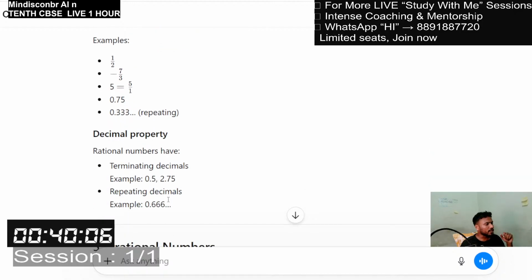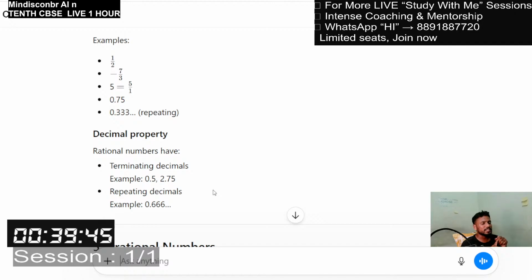Decimal property. Rational numbers have terminating decimals, for example 0.5 and 0.75, or repeating decimals, for example 0.666. For decimal numbers, it is a rational number when it matches one of two categories.